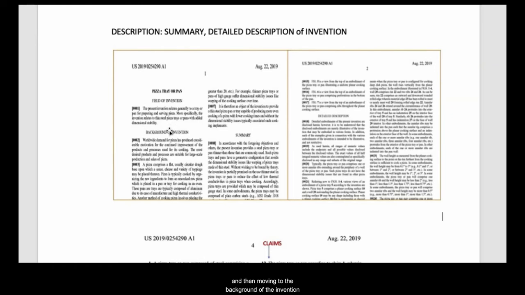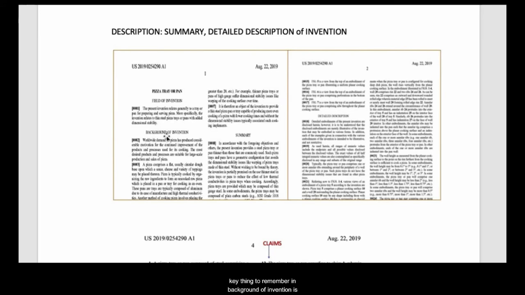And then moving to the background of the invention. This basically talks about all the efforts that have gone into solving a particular technical problem so far, which means, till this particular invention in the past, what the various approaches taken to solve the problem were.